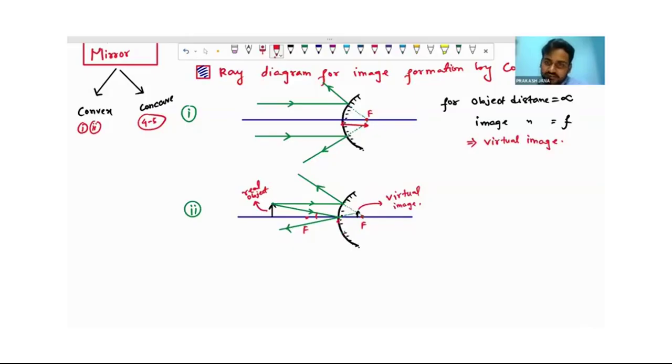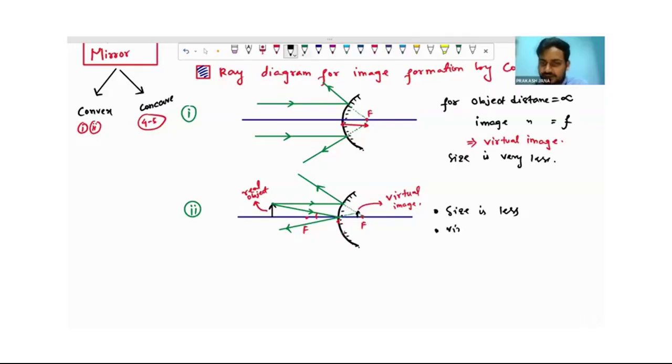What conclusion can we draw? We can conclude that the size is less. In the first case the size was very less, because it was point-like, and here the size is less.